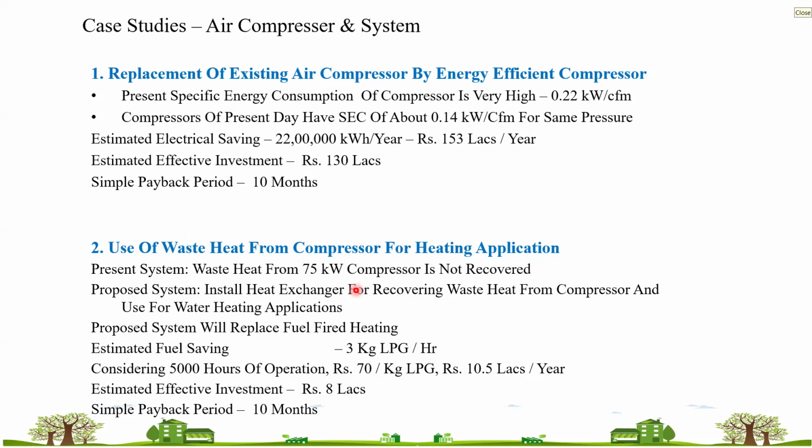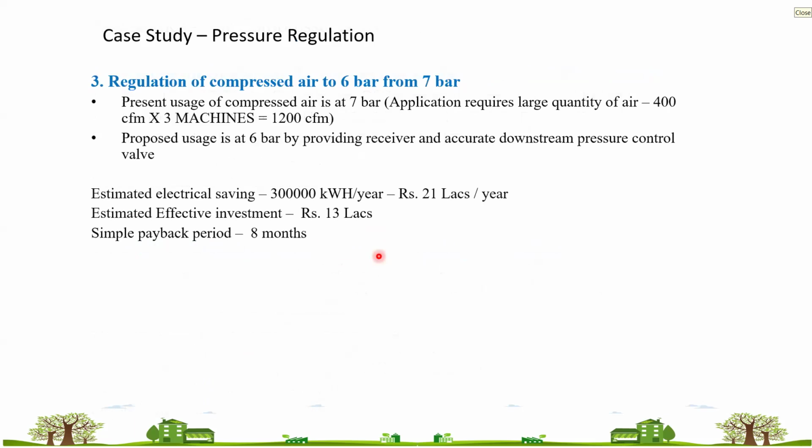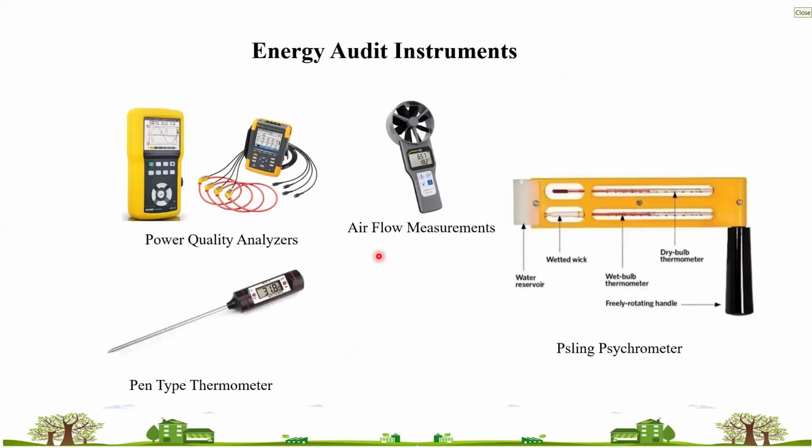Waste heat can be recovered from a 75 kilowatt compressor, and this kind of fuel can be saved. So we'll directly go to question and answers. So these are some energy audit instruments used for energy auditing of air compressors. This is a power quality analyzer, then air flow measurement.